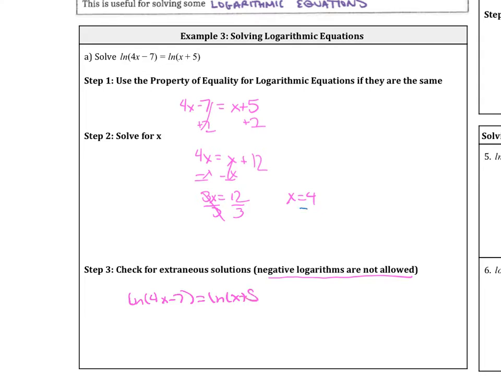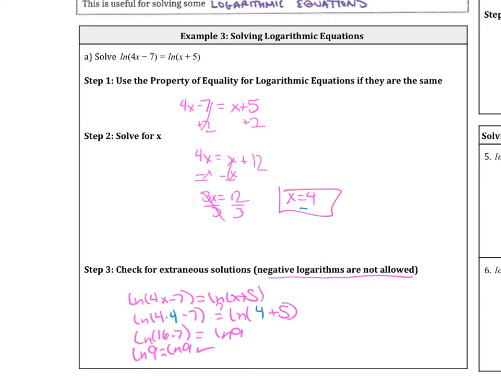Plugging in 4 wherever we see x, this is natural log of 4 times 4 minus 7. Does that equal the natural log of 4 plus 5? We want to see if this is true. 4 times 4 is 16, minus 7 is 9, so natural log of 9 does equal natural log of 9. Therefore, x equals 4 is a correct answer.